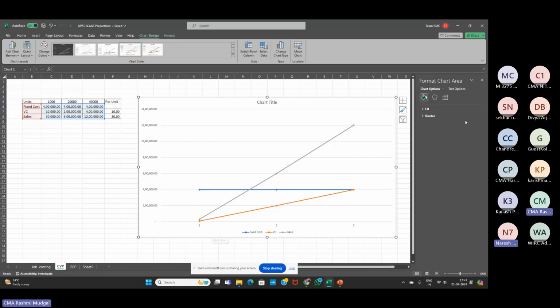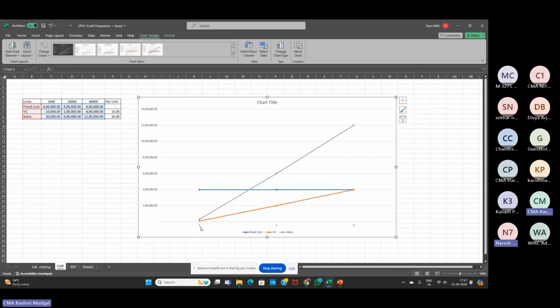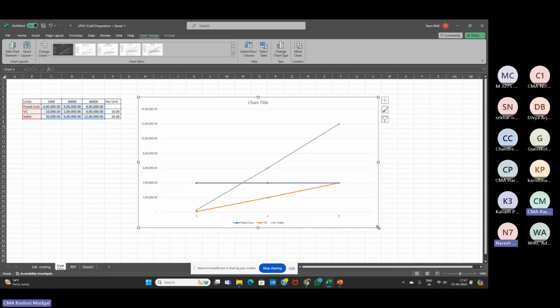In the variable costing, if I see, the variable cost will continue, and total cost, where I get a map, in which I'm able to see my cost, my revenue, as well as my profit will come to a point.